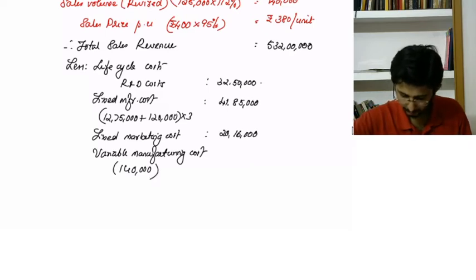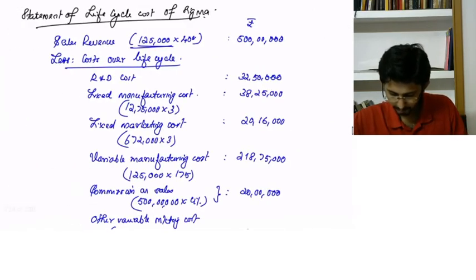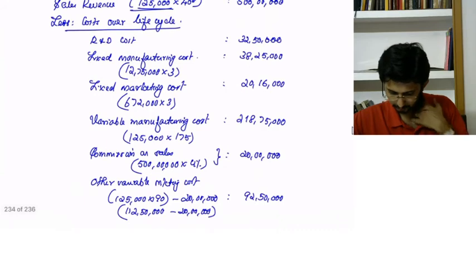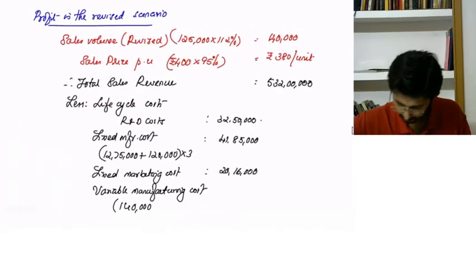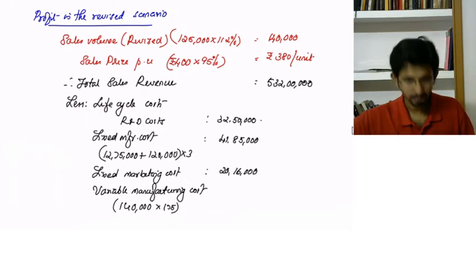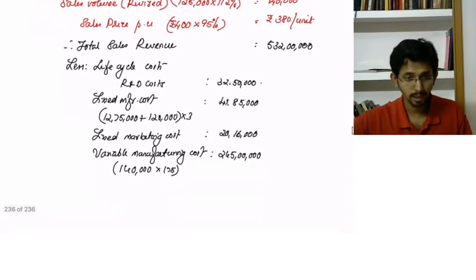And what happens to the variable cost? In the earlier case it was 175. So 1,40,000 into 175. Yes, it will increase because there is increase in the volume. 1,40,000 into 175, that will give you 2 crore 45 lakh. So that is variable manufacturing cost.